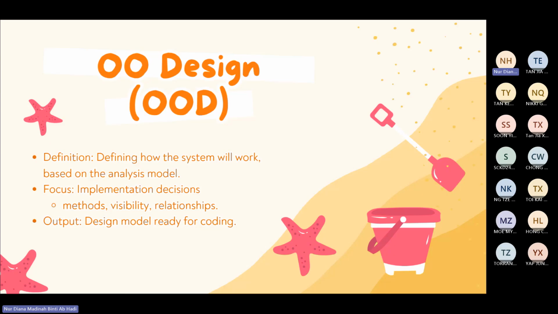Here you make implementation decisions, it can be your methods, your relationships, your visibility. So it will produce something suitable to become a reference before you perform the coding part. At this part, it is actually helping you to design your what?